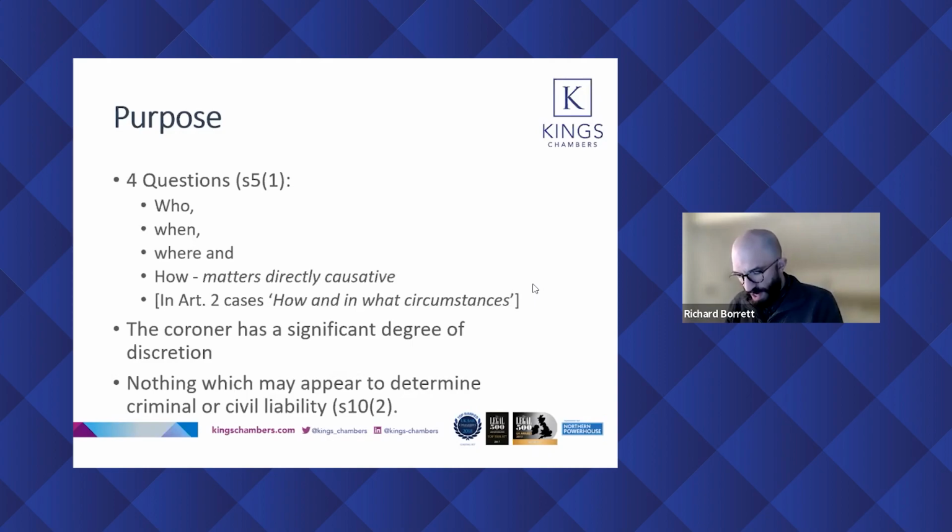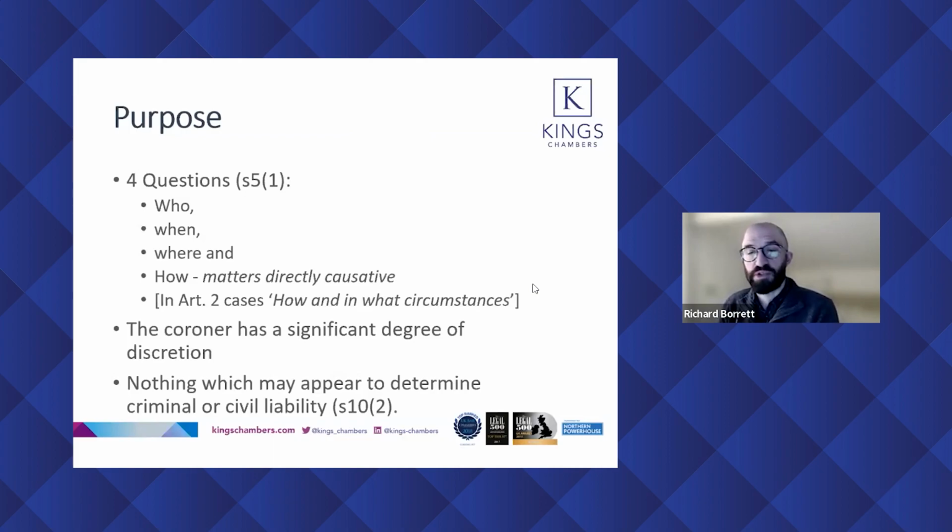And my view is it's always extremely helpful, particularly in more complex cases, to seek to set down in writing what the scope is. Now, that might be by reference to a list of issues. It might include a time scale. So it might be by reference to a particular condition.